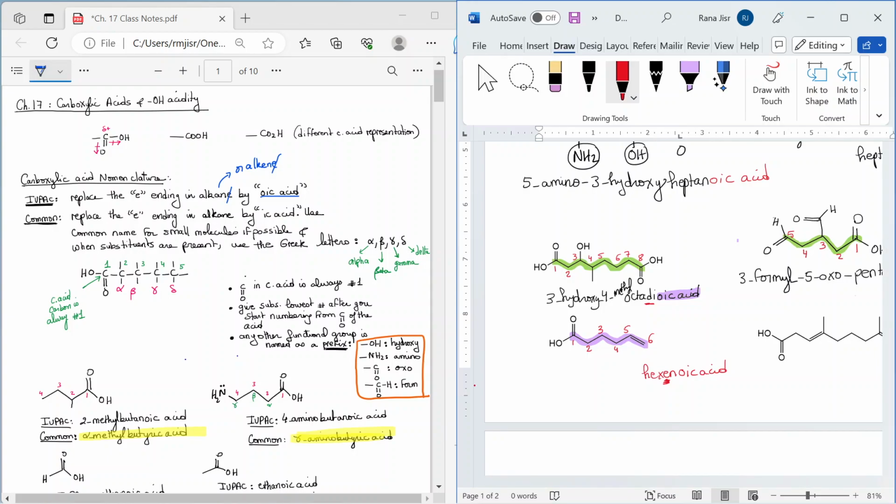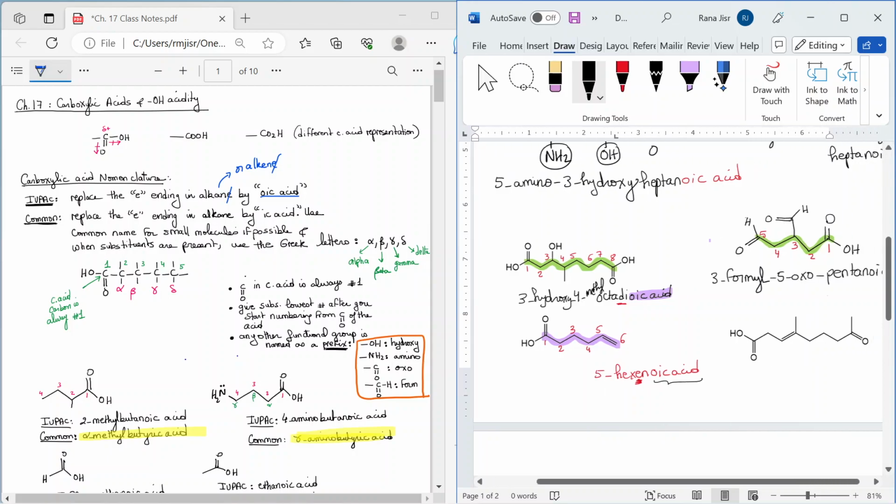And you need to specify where your double bond is. So your double bond is going to be on carbon number 5. So that is going to be 5-hexenoic acid. Already we know that the oic acid is on carbon number 1. Then definitely the double bond is going to be on carbon number 5.